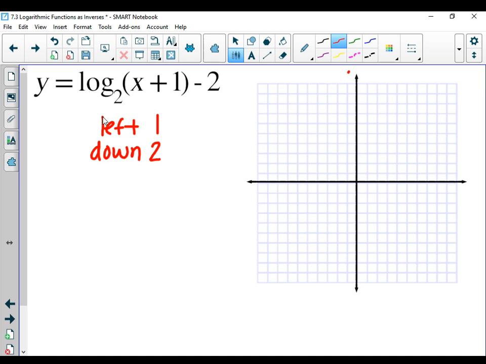So if we're going left 1, we need to make sure our vertical asymptote also moved left 1.